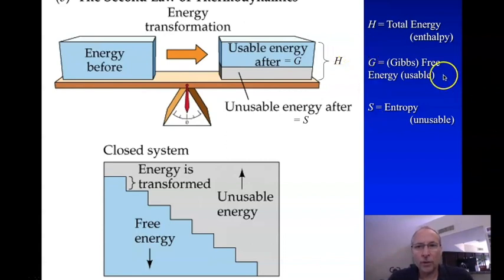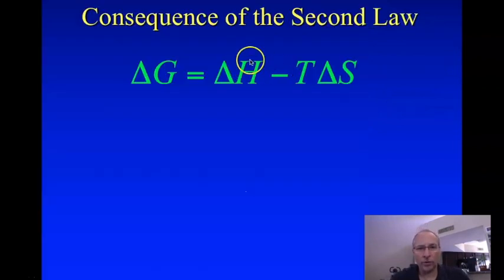All right, so if we look at this system, we can actually then solve that equation, that H equals G plus S, for the Gibbs free energy, and that gives us a very useful way of looking at biochemical reactions. So if we look at this here, again, since the enthalpy is equal to the Gibbs free energy plus this entropy, now here I'm expressing entropy in the way the physicists do, the temperature times the entropy, then we can solve the equation for G, which would give us G equals H minus this entropy.